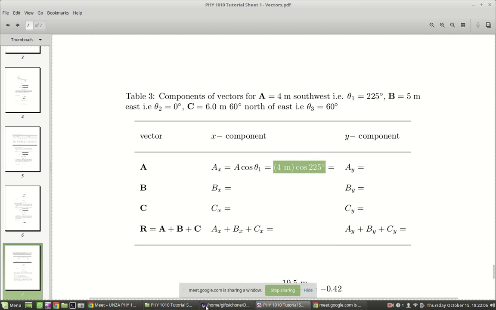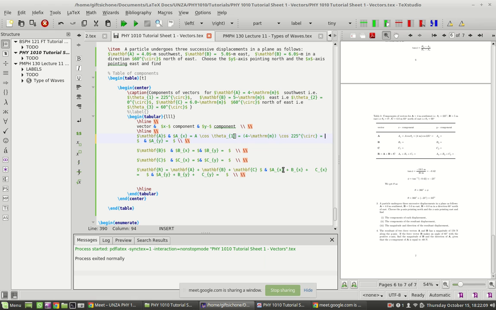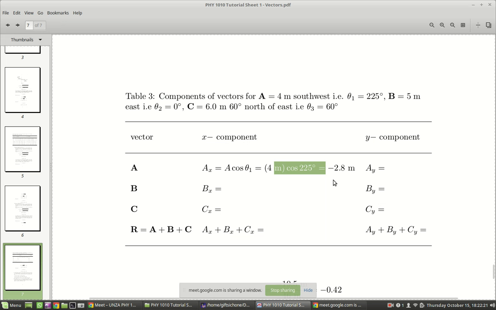Negative 2.82 meters. Okay, there it is.